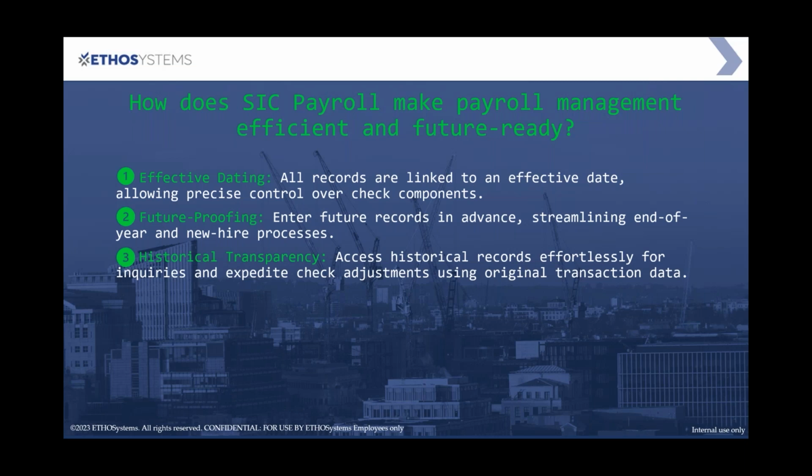It builds an audit trail of the employee's rate history, the employee's status history, the employee's withholding information. And that's key, especially as it relates to, let's say, payroll adjustments. As we know, time happens to get charged to the wrong job or to the wrong cost code over time.